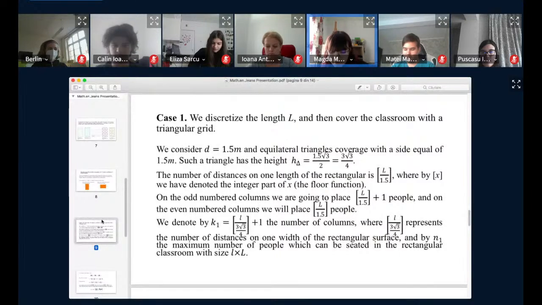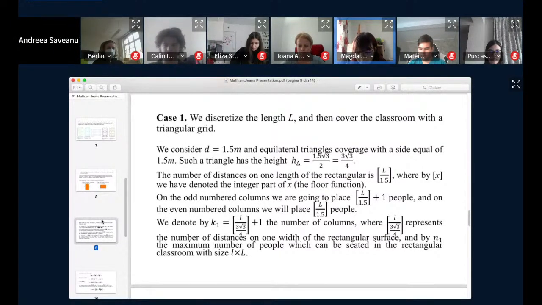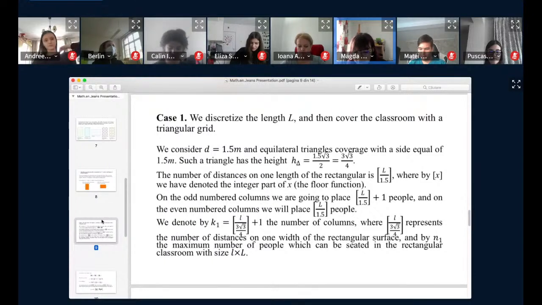So for case 1, for the first value of the social distance, 1.5 meters, we consider an equilateral triangle's coverage with a side equal to 1.5 meters. Of course, the height of such triangle can be calculated. Then we notice that the number of distances on the one length of the rectangular shape is the integral part of big L over 1.5.